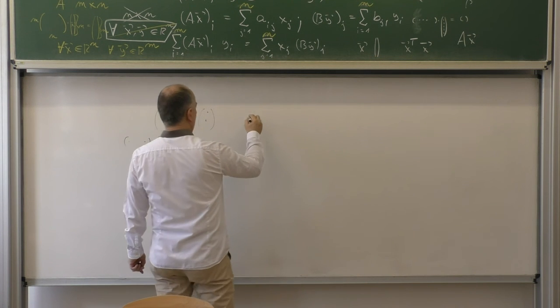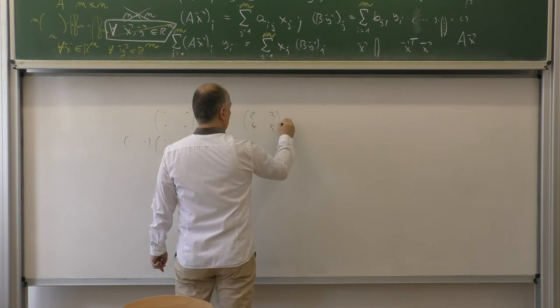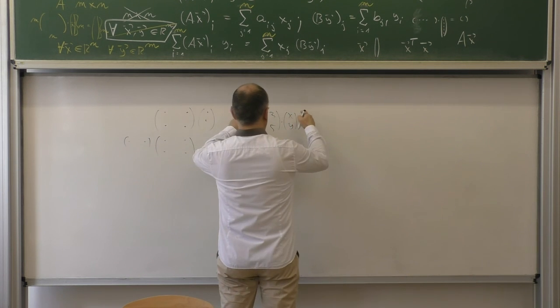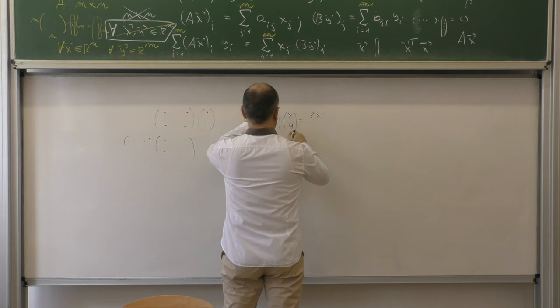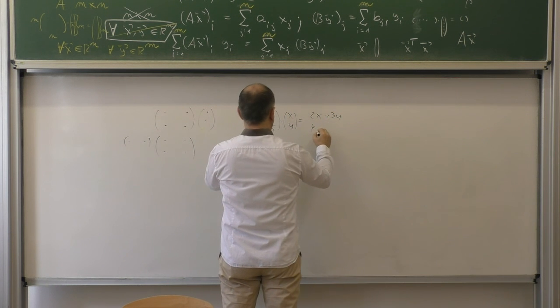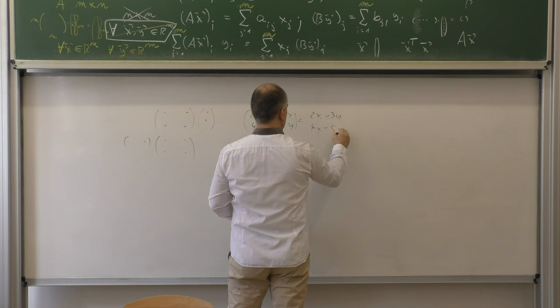An example: the matrix 2, 3, 4, 5 times the vector with components x, y will be 2x plus 3y, and the second component will be 4x plus 5y.